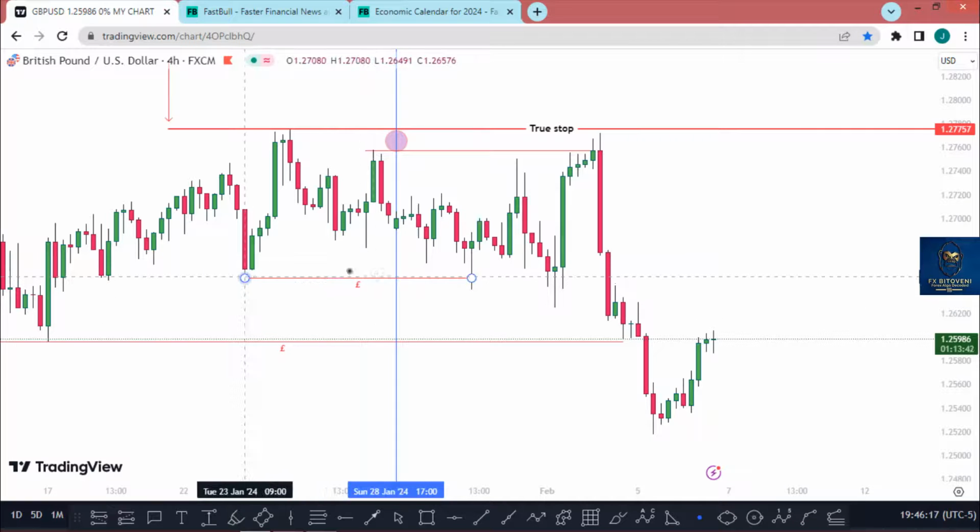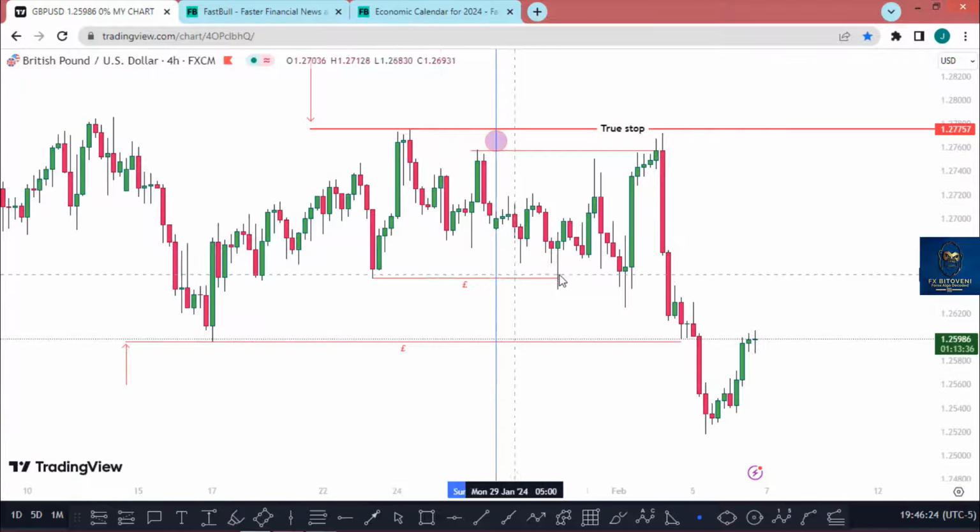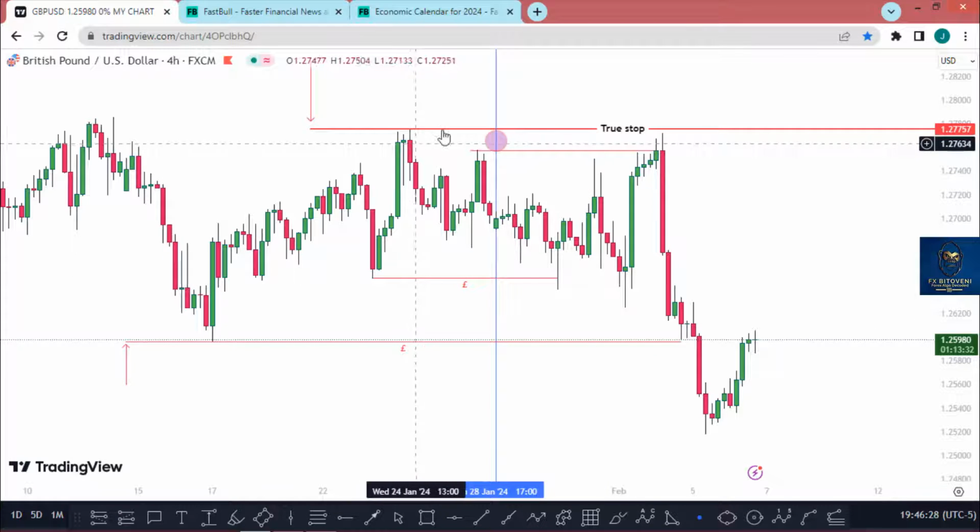Remember, this type of liquidity, of course, it's a break of structure. Break of structure is nothing but taking liquidity, guys. You have to understand. Now, what matters is to have a true stop here.